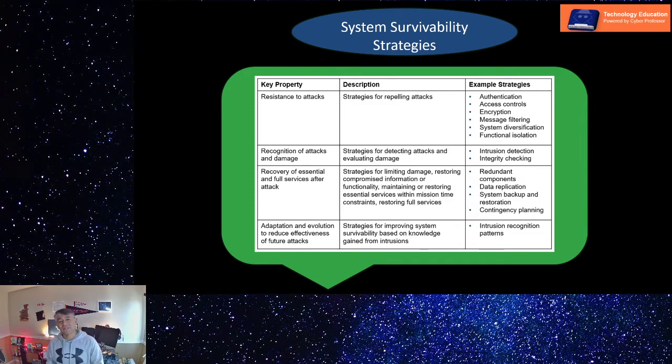Examples of that particular key property include data backups, system backups, backups of the operating system itself, redundant components, meaning placing devices that are of high criticality for our organization in different locations so we can counteract any natural disaster that may impact our organization.